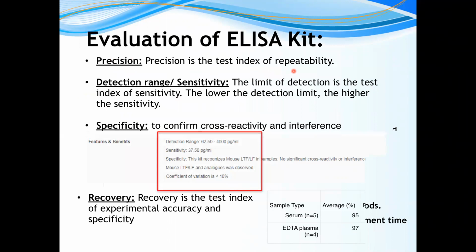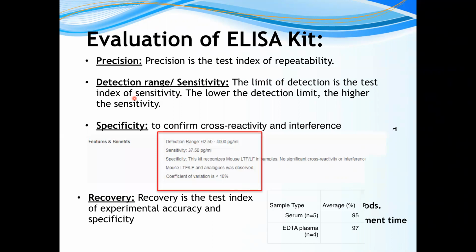Usually two types of precision should be considered: intra-assay precision and inter-assay precision. Intra-assay precision is the reproducibility within an assay, between the wells. Inter-assay precision is the reproducibility between assays, which can also be called batch to batch variation.